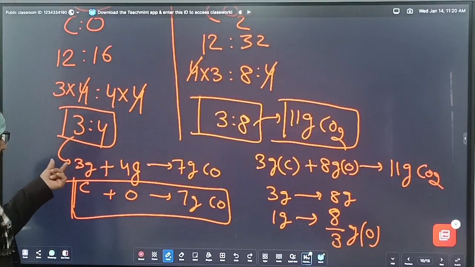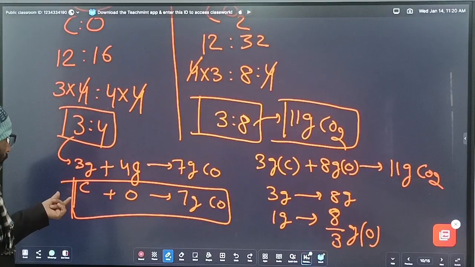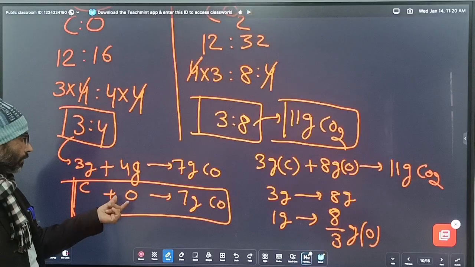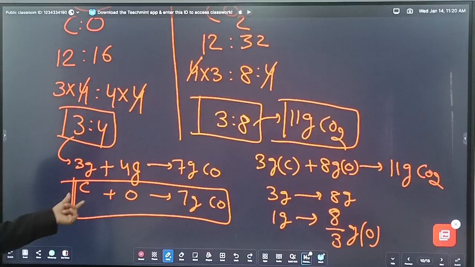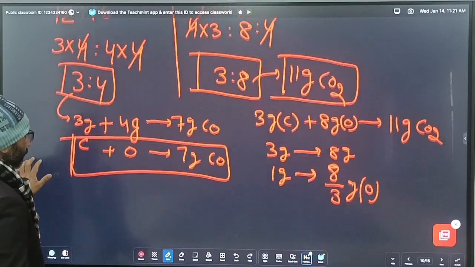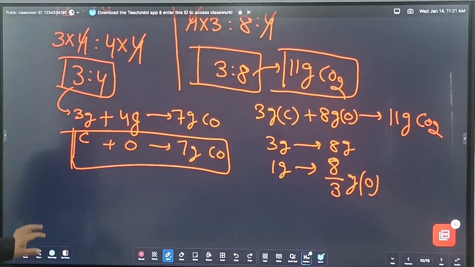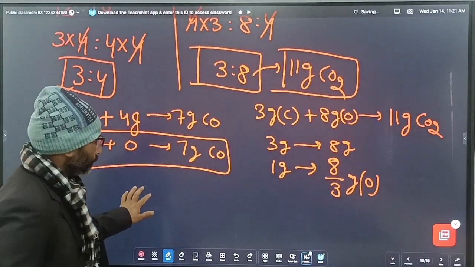And similarly, if 3 gram of carbon combines with 4 gram of oxygen to form carbon monoxide, then 1 gram will combine with 4 by 3 gram. I hope it is clear to you.